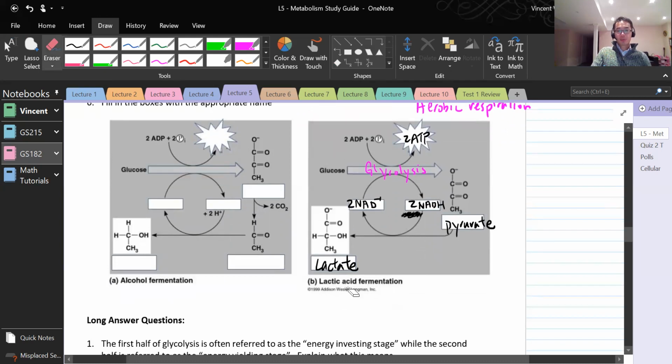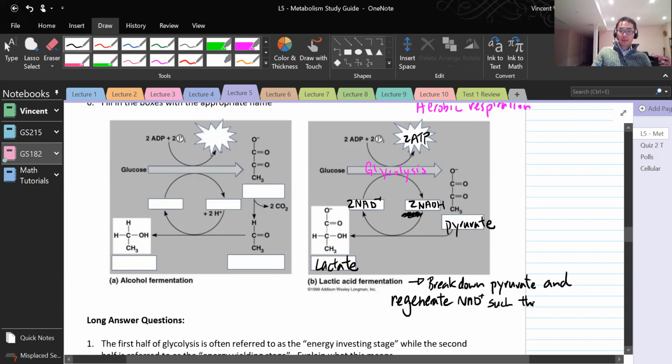Okay, so the purpose of fermentation is to break down pyruvate and regenerate NAD+ such that glycolysis can continue.